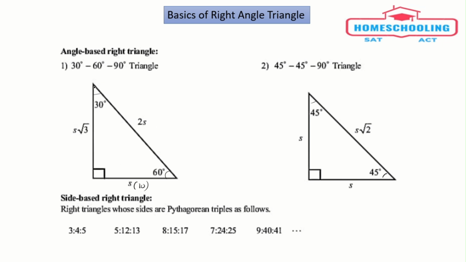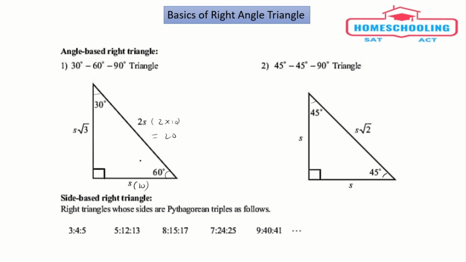So if this is your right triangle with 30, 60, and 90, and we know the side opposite to 30 is 10, what would be the side opposite to 90? If this is s, that is 10, then the hypotenuse would be twice of s, so 2 into 10, that is 20.